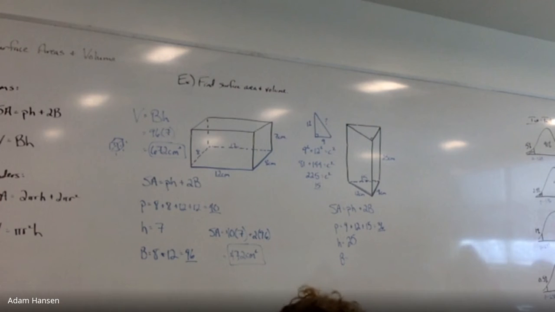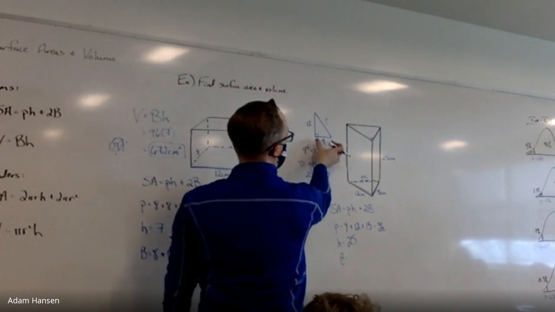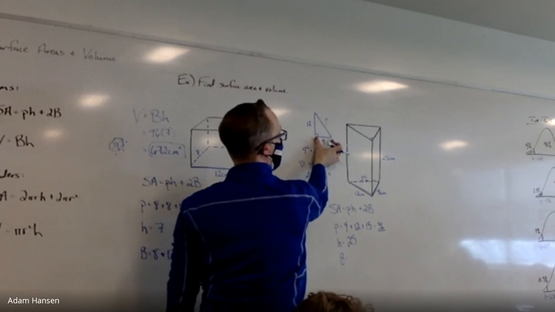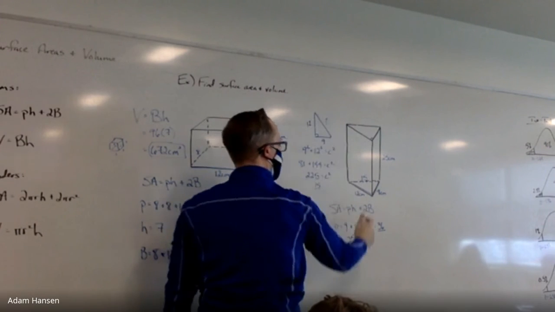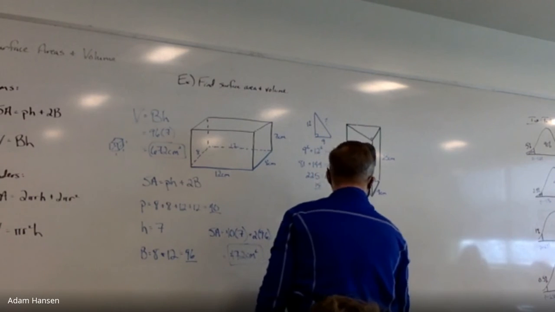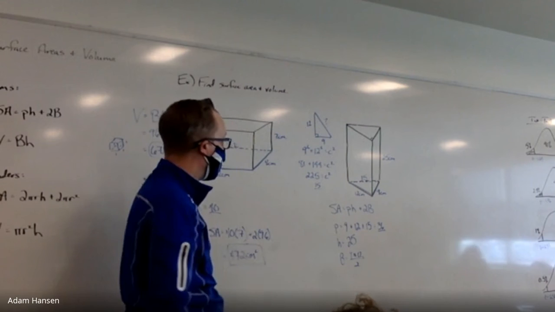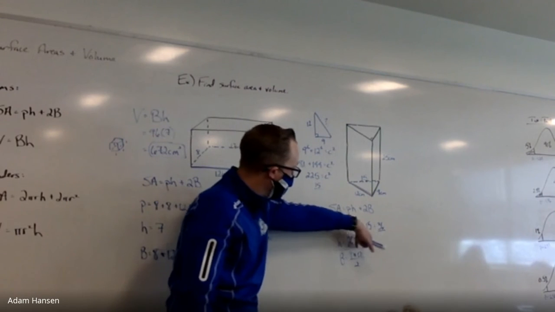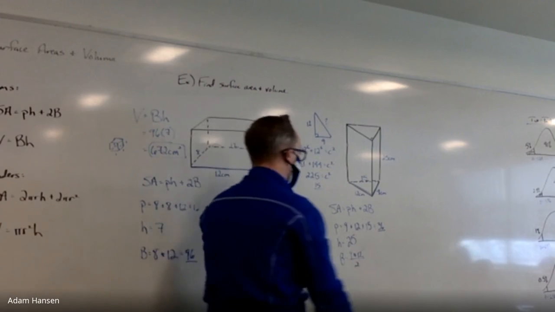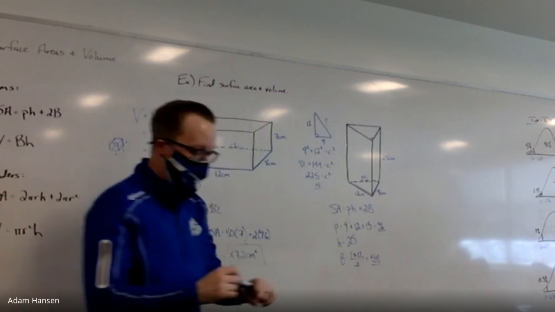Since it's a triangle, the area is 1/2 base times height. 9 and 12 are the base and the height. 9 times 12 divided by 2. Half of 12 is 6. 9 and 6 multiplied make 54. Each of the 2 triangles on top and bottom has an area of 54.